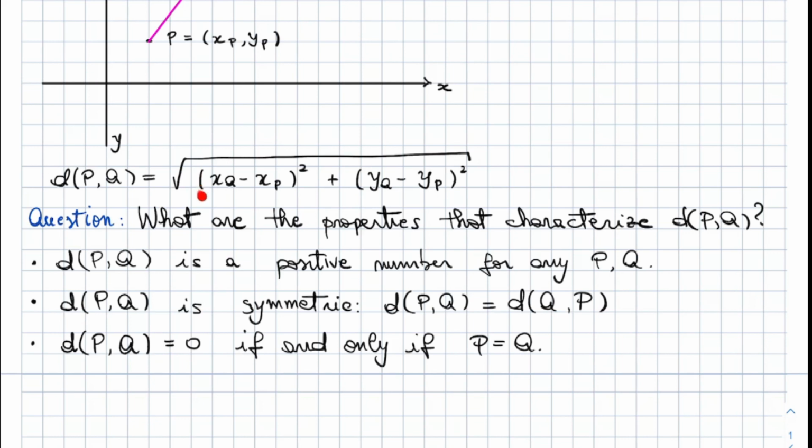But the argument is given by a sum of 2 positive numbers, and therefore it's 0 if and only if the 2 numbers are 0. But if the 2 numbers are 0, then the coordinates of the points P and Q are equal.